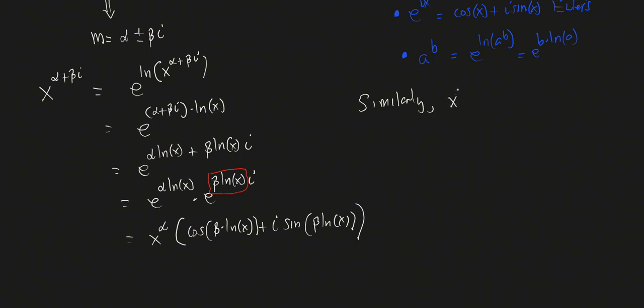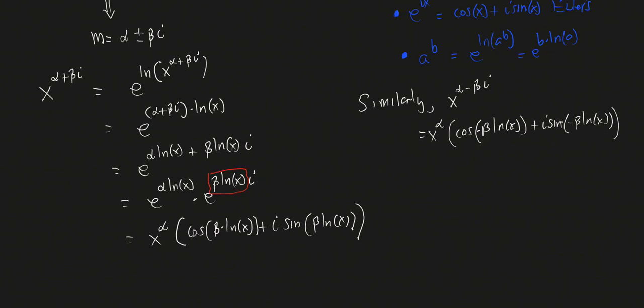So x to the alpha minus beta i is equal to x to the alpha and then the quantity cosine of negative beta ln of x plus i sine of negative beta ln of x, like that. All right, so that's what we have.